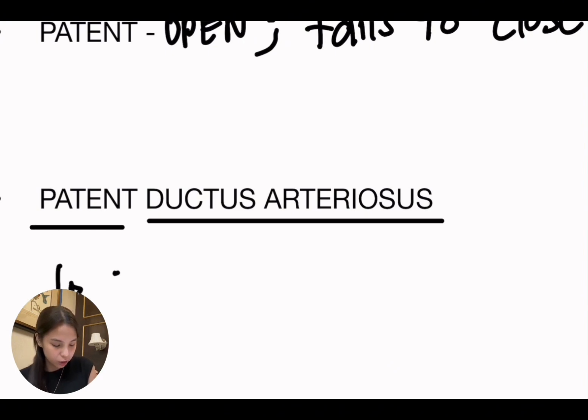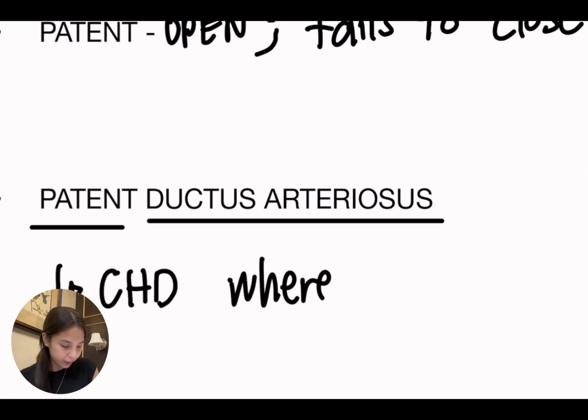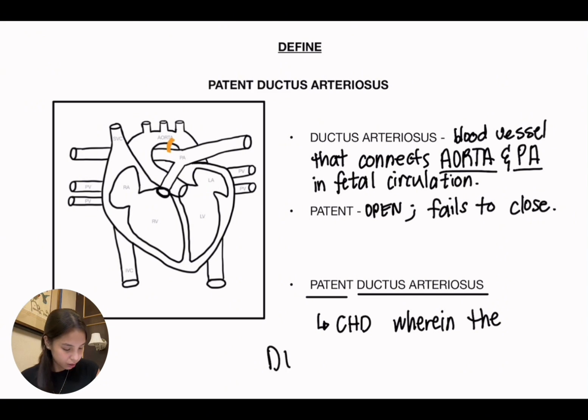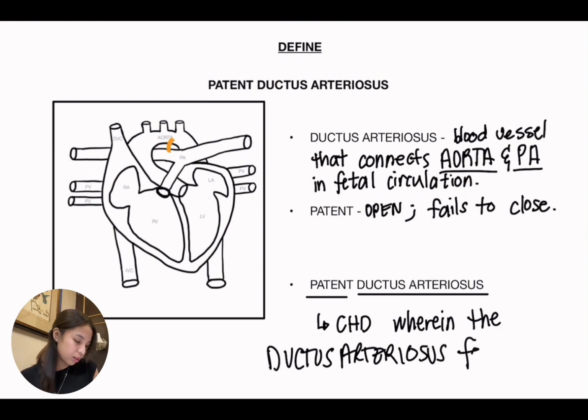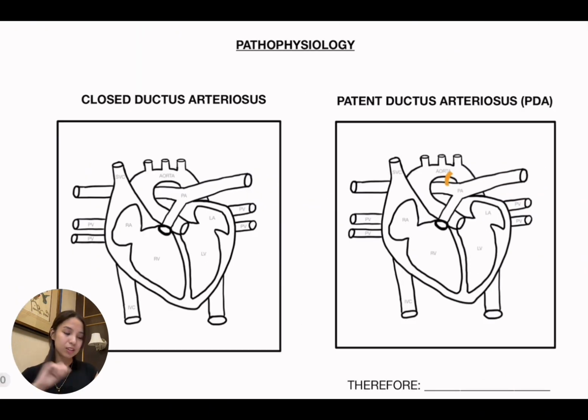So this is a congenital heart defect wherein the ductus arteriosus fails to close. And so what? What happens if it does not close? Is that such an awful thing? The answer, yes. How come?